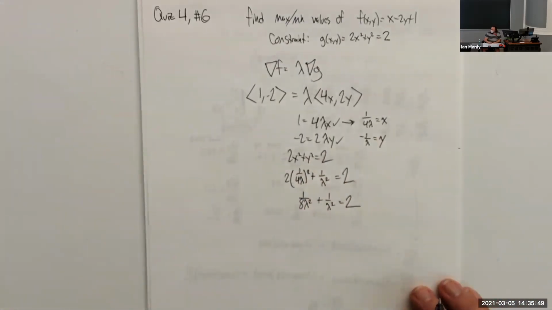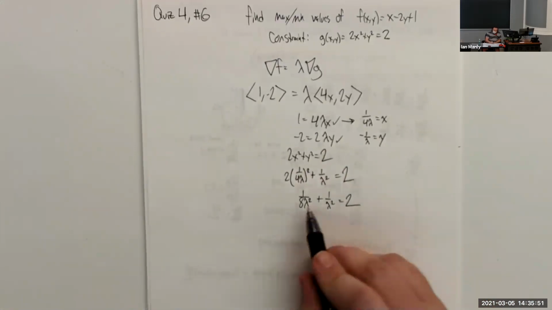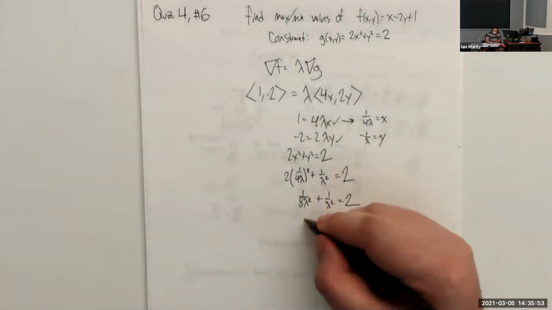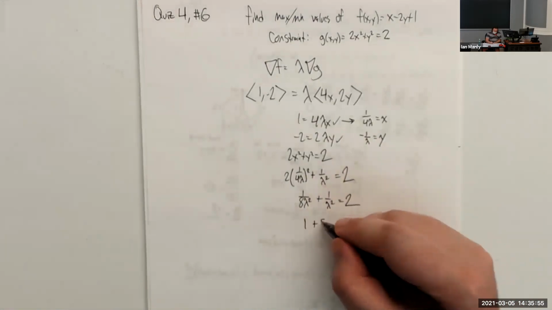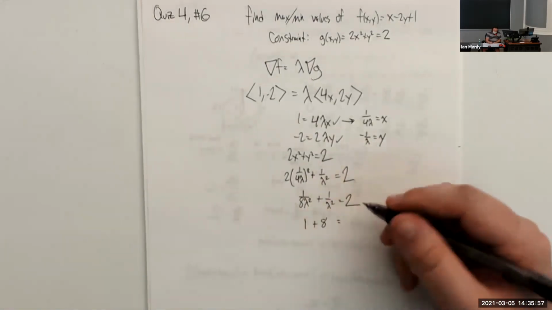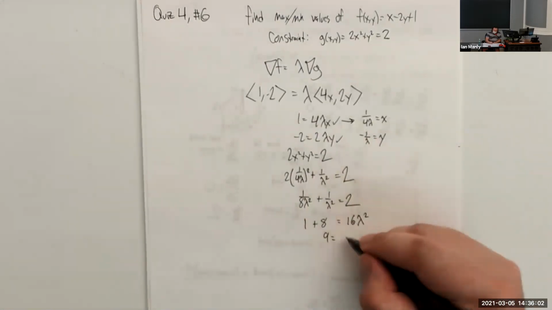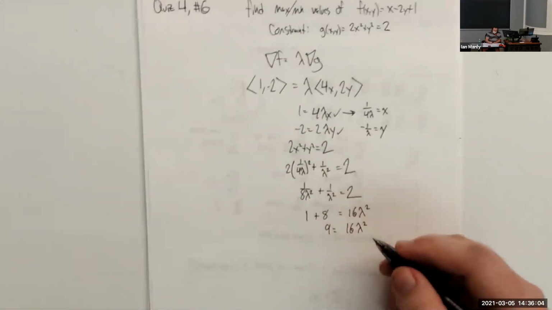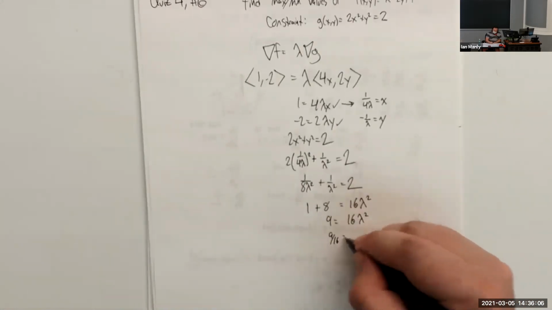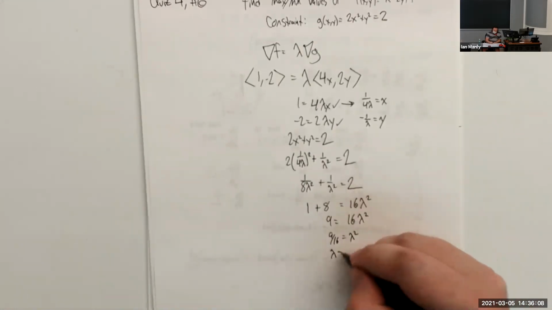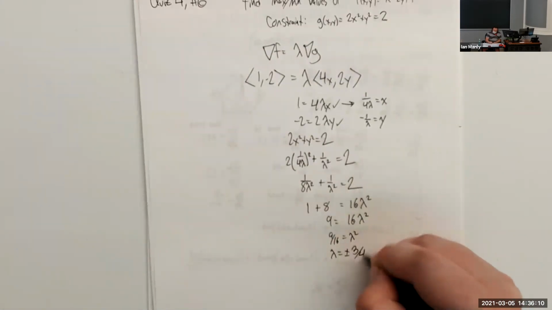I'm going to multiply by 8 lambda squared. So I have 1 plus 8, so 9, is 16 lambda squared. So 9/16 is lambda squared, and lambda is going to be plus or minus 3/4.